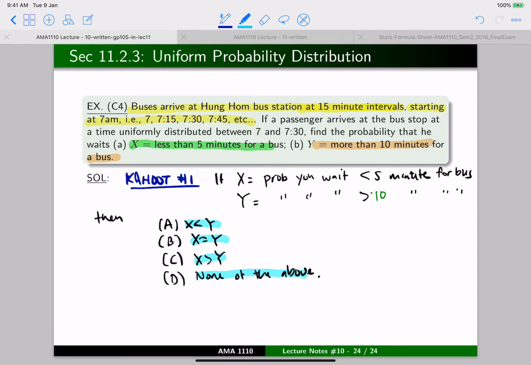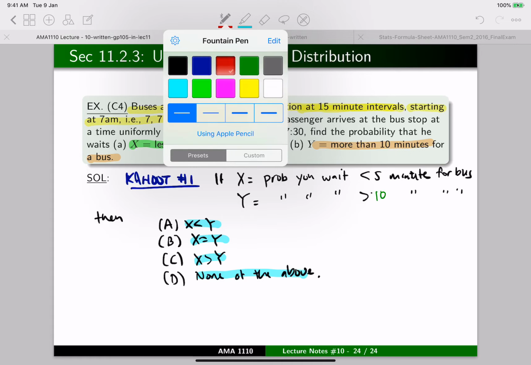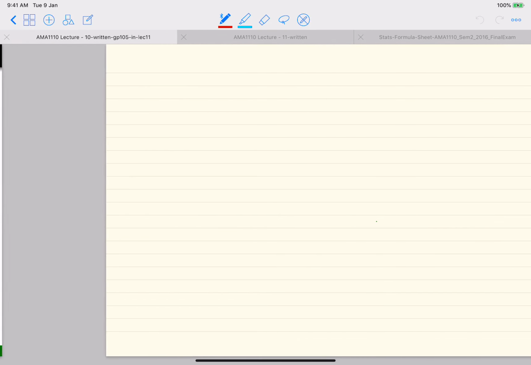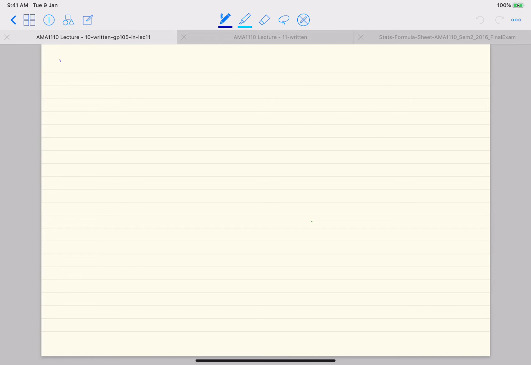In fact, the answer is something that might not be too obvious, but the probabilities are equal. So how do we show that? I'll show you why the probability of waiting less than 5 minutes is equal to the probability of waiting greater than 10 minutes. In this case, we have a uniformly distributed random variable.